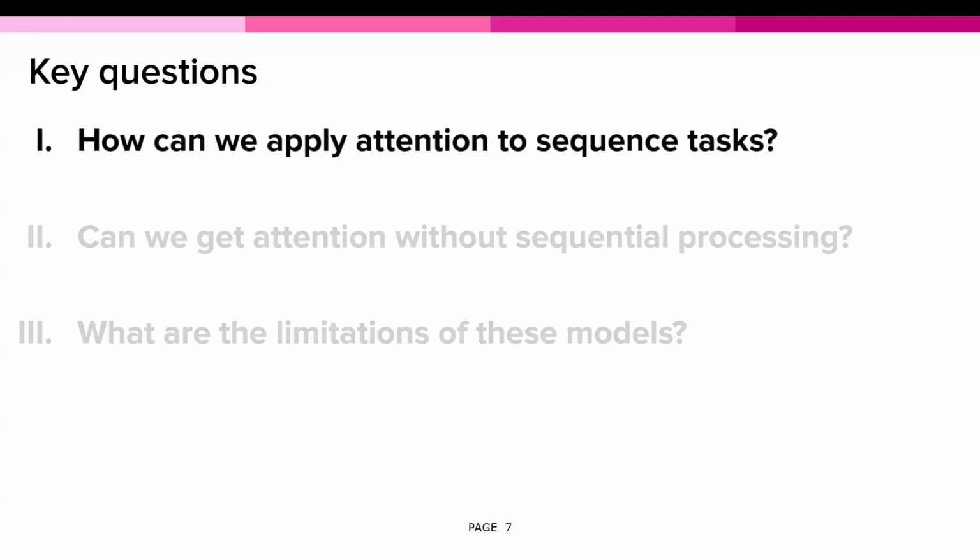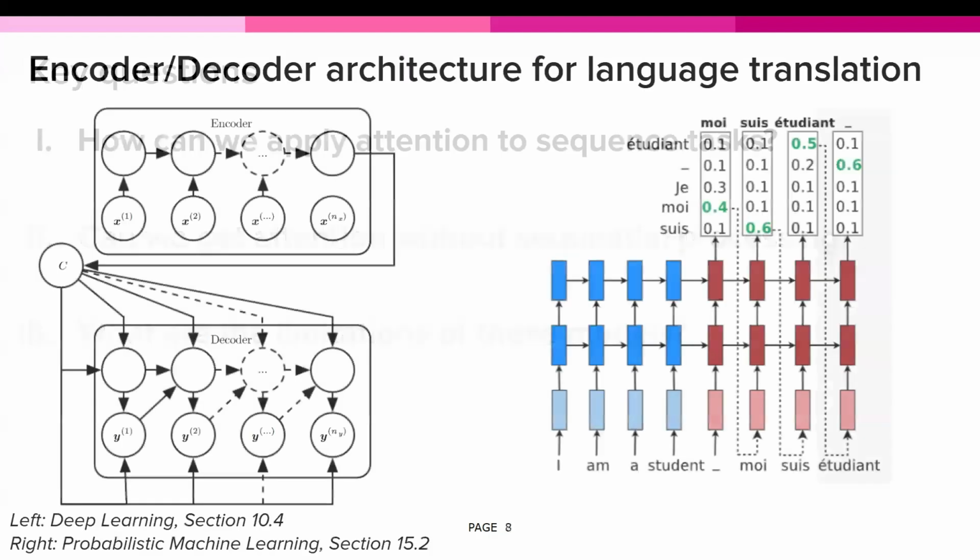All right, on to this first question. How can we apply attention to sequence tasks? What's that going to get us? I said that an important application of attention is for language translation, and recurrent neural networks were once the go-to tool for handling that kind of task.